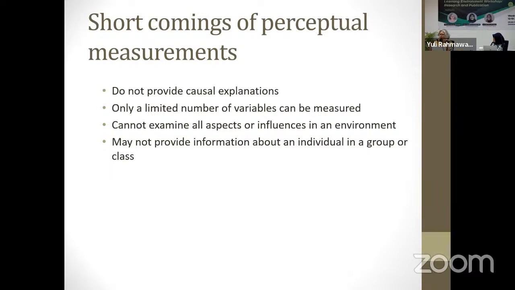But if I'm going in for observational data, it depends on where I can go, where I can move. And it may not provide information about an individual in a group or a class.